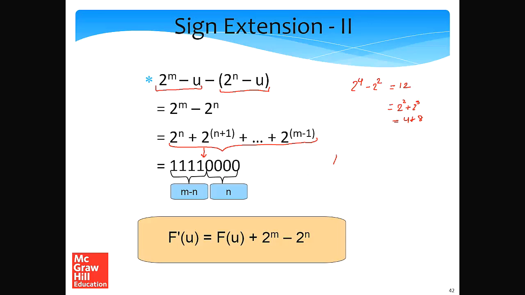Now assume that the representation in an n-bit number system of a number of the form minus u, where u is positive, is 2 to the power n minus u. And let's say in an m-bit number system, we have this equal to 2 to the power m minus u, where n is 4 and m is equal to 8.